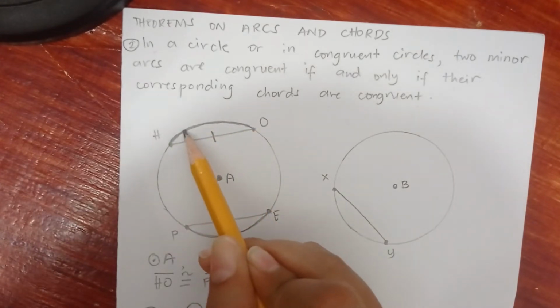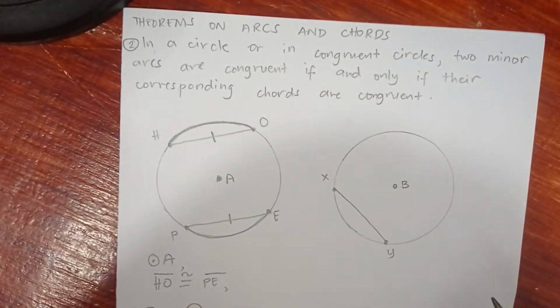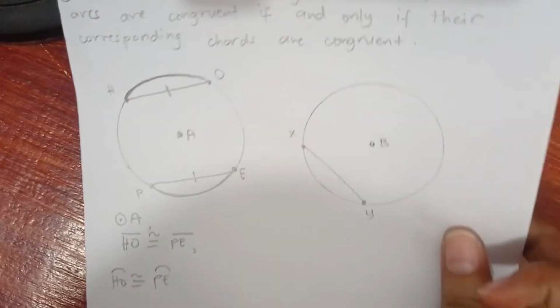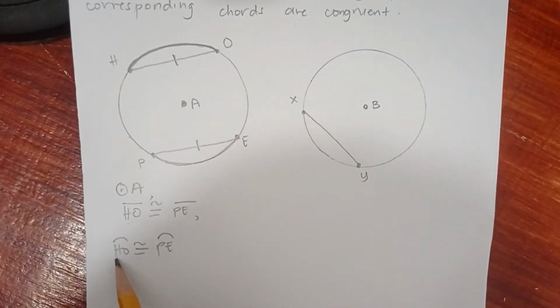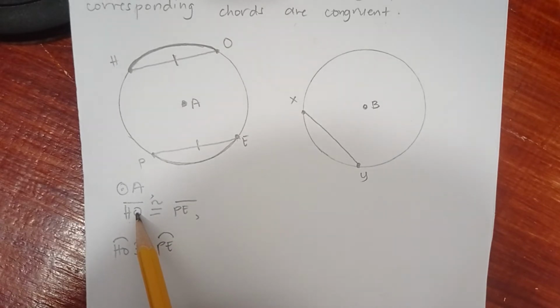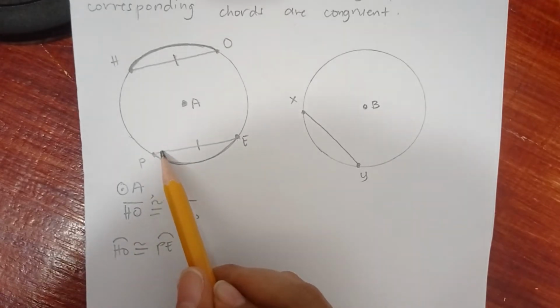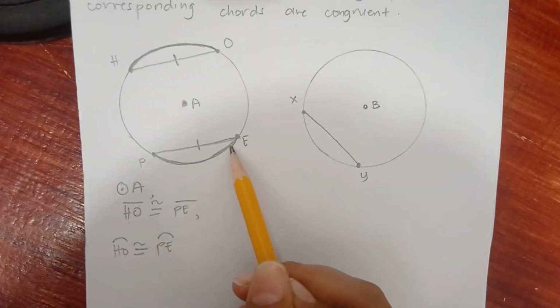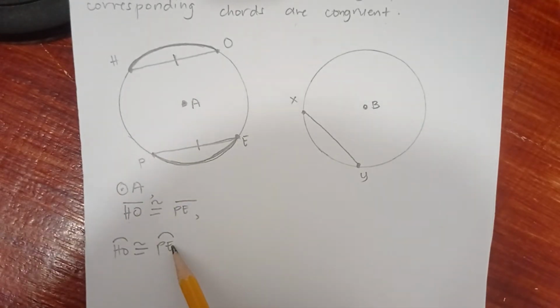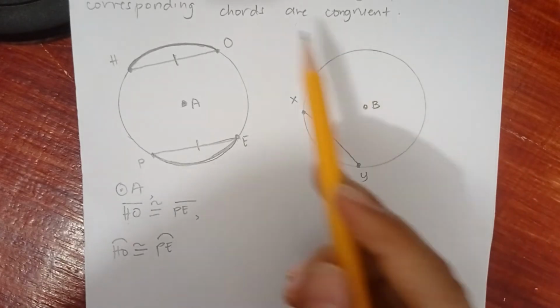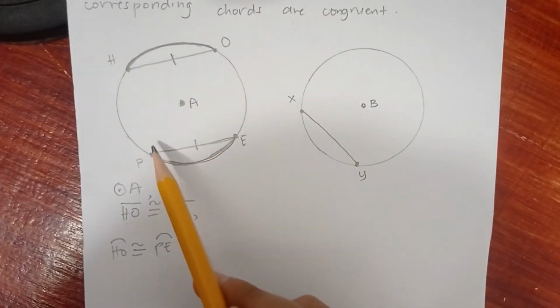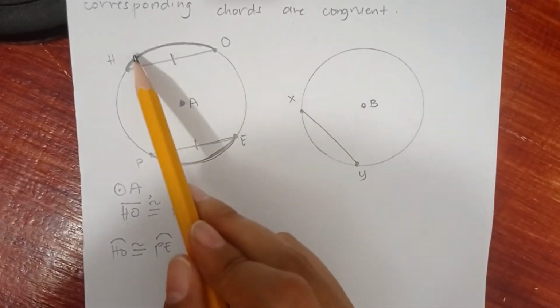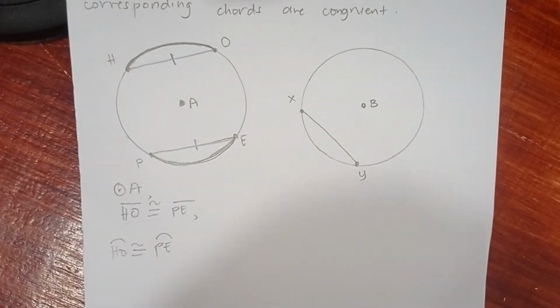So, ito yung arc corresponding to line segment HO. So, kung makita nyo, arc HO for chord HO, then dito sa line segment PE na ito, ito naman yung corresponding arc niya. So, arc PE. Therefore, sabi dito, kung congruent daw yung dalawang chord, ibig sabihin, congruent din yung minor arcs nila.